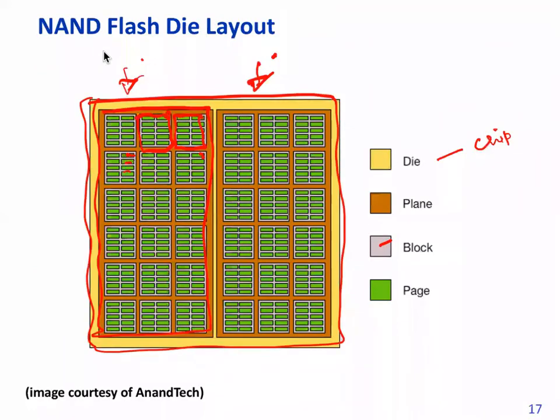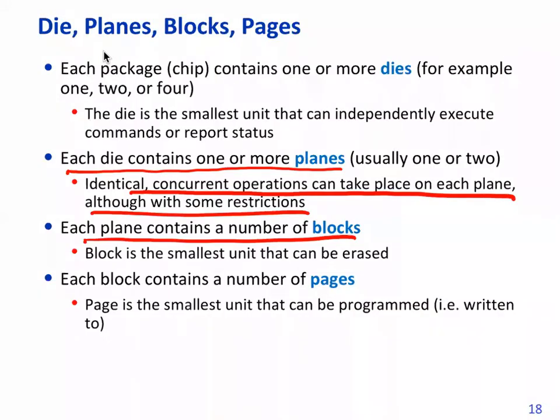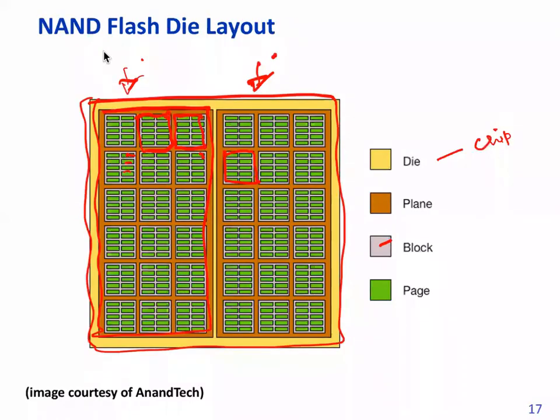There is one block here that we have seen, for example. This is the smallest unit that can be erased. So if you have to erase it for rewriting, then everything in the block has to be erased.